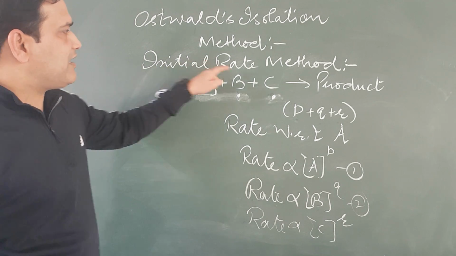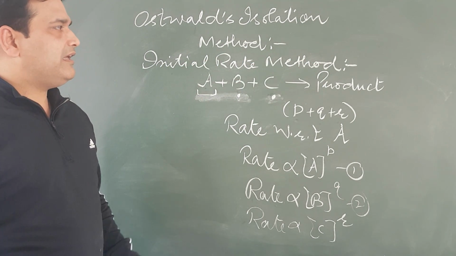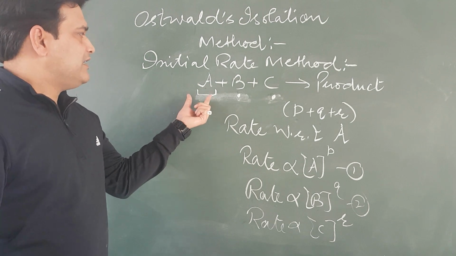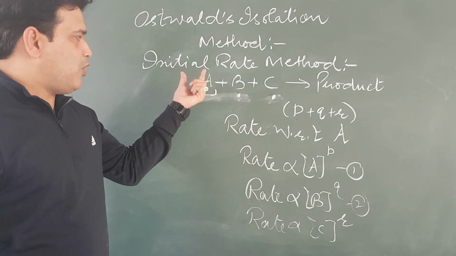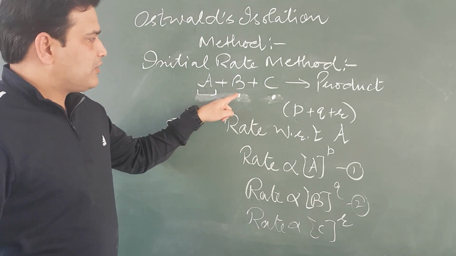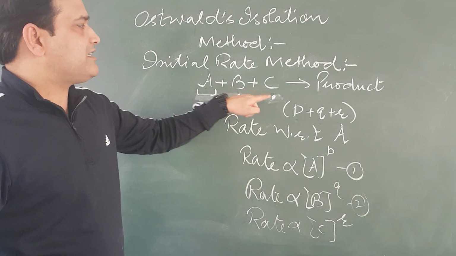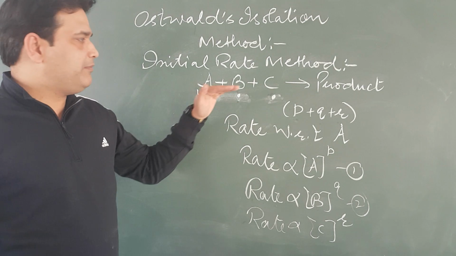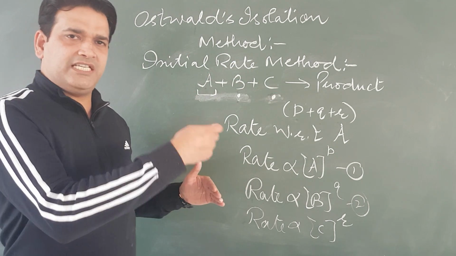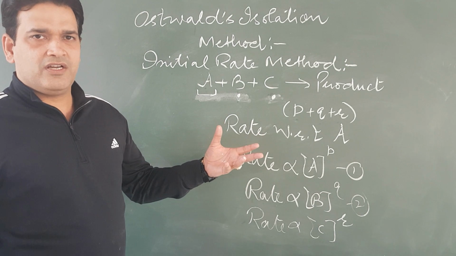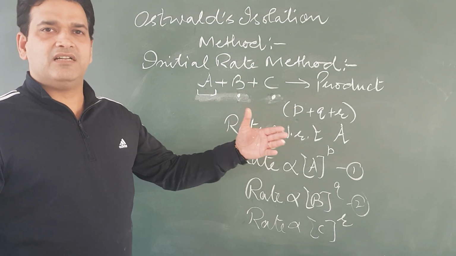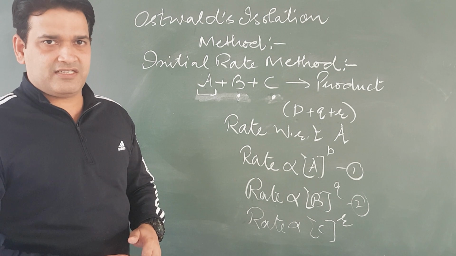But in the initial rate method, it is said that if we want to calculate the order of reaction with respect to A, then the concentrations of B and C will be taken as constant, and it can be achieved by selecting a particular temperature, pressure and other thermodynamic conditions, etc.